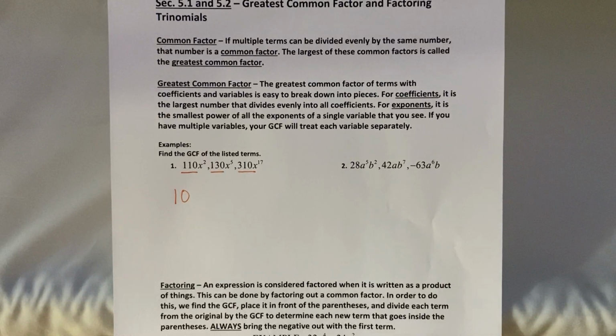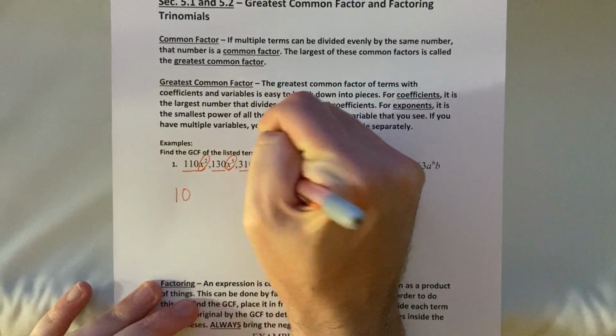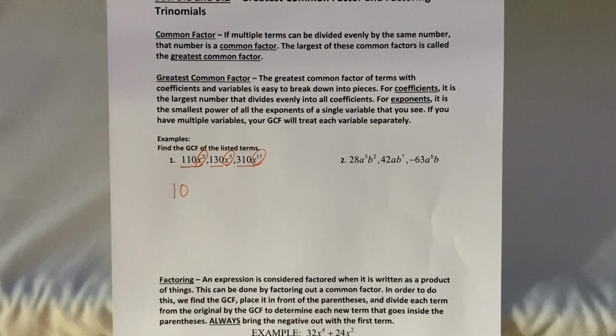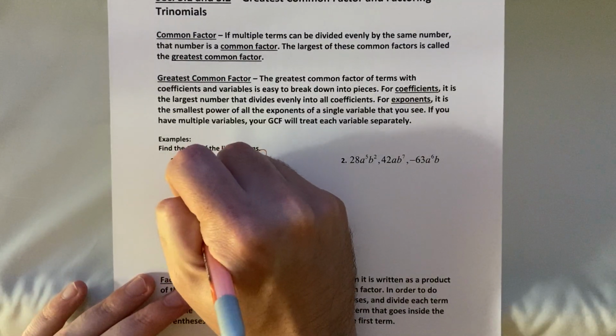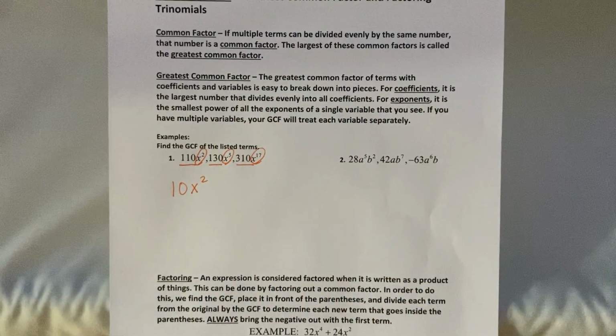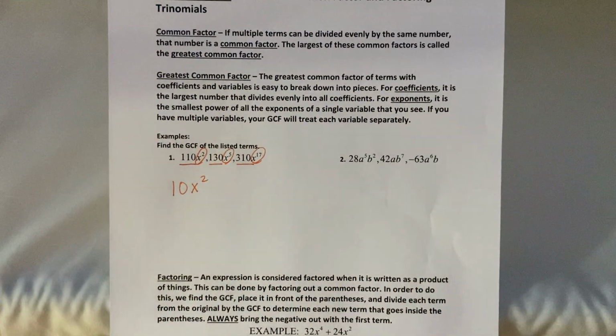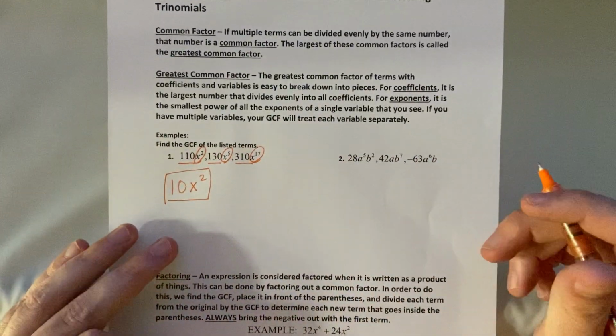Now for our exponents, we look for the smallest exponent that we see, x squared, x to the 5th, and x to the 17th. The largest power of x that we can divide evenly into those is x squared, because once an x squared goes into the 110x squared, there's no longer any x's left there to divide in. So our greatest common factor overall is 10x squared.